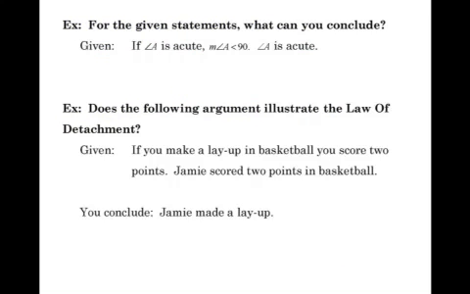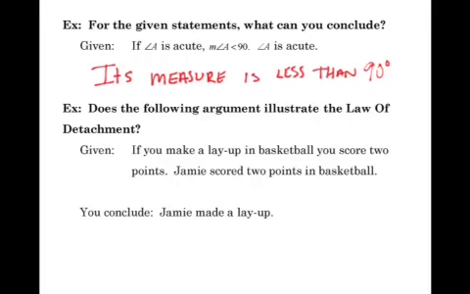So if we look at these, we conclude some pieces. If A is an acute angle, its measure is less than 90 degrees. And then we're given angle A is acute. And our conclusion is its measure is less than 90, because that's what our condition told us. And so we are using the law of detachment to be able to make a conclusion.